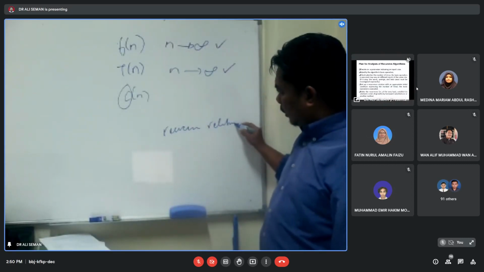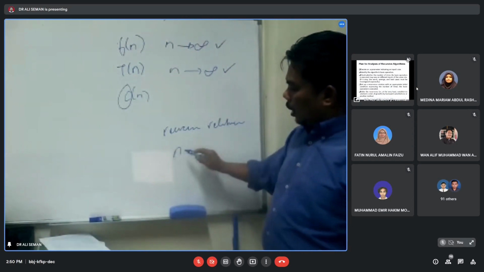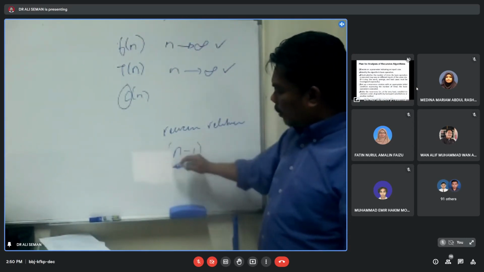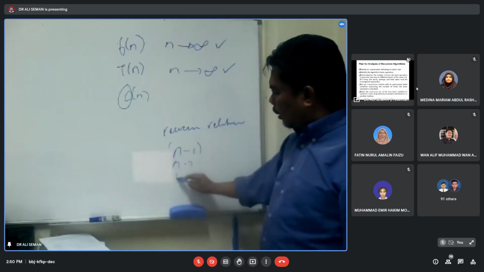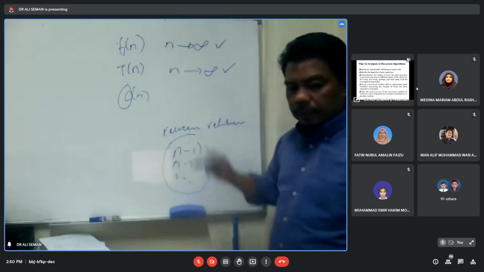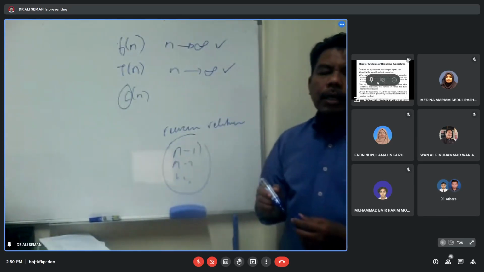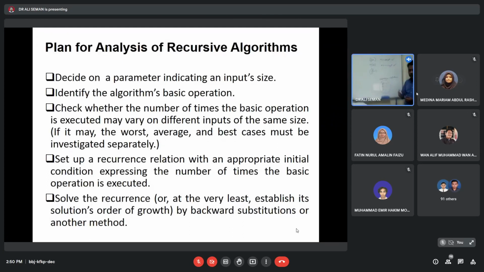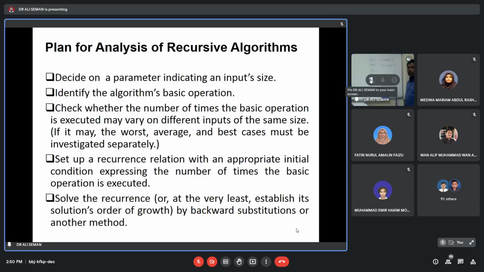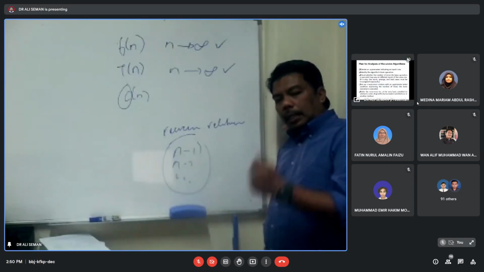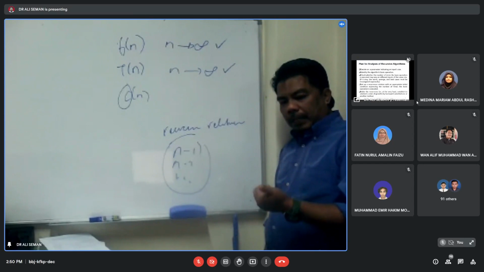What is a recurrence relation? From the mathematical perspective, n minus 1, n minus 2, n minus 3. These are the recurrences. After this, I will explain again. Solve the recurrence or at the very least establish its order of growth by backward substitution or another method. Okay. In order to do the analysis for the recursive, number one, we need to identify the basic operation.